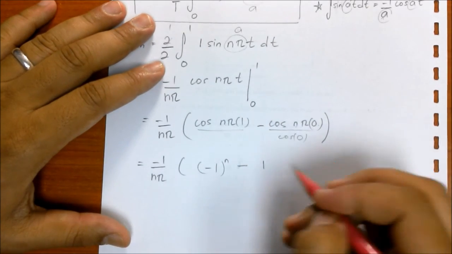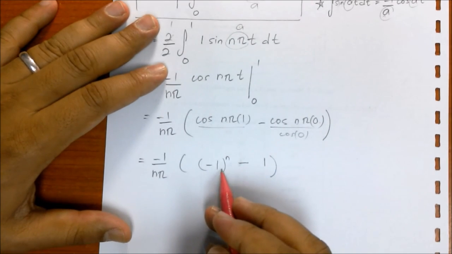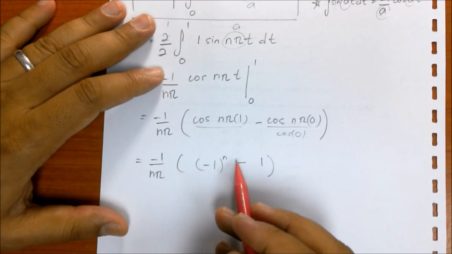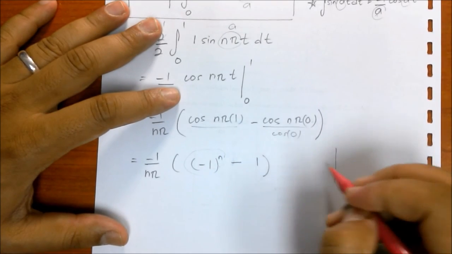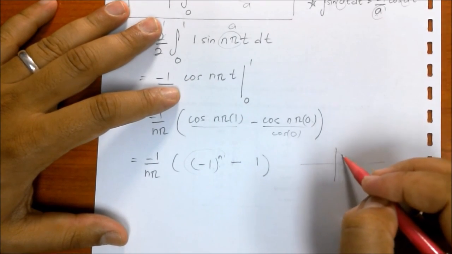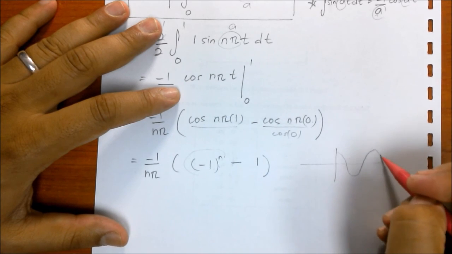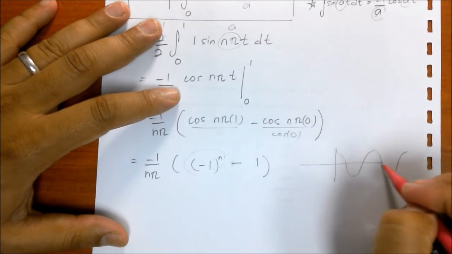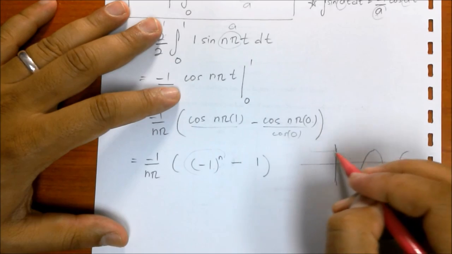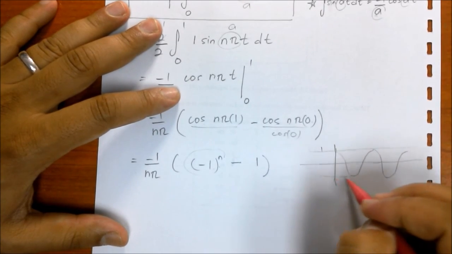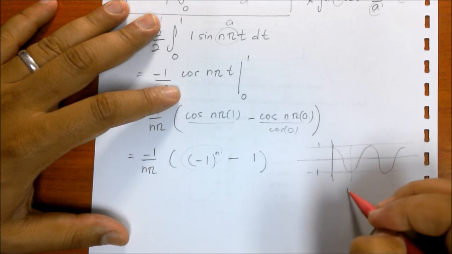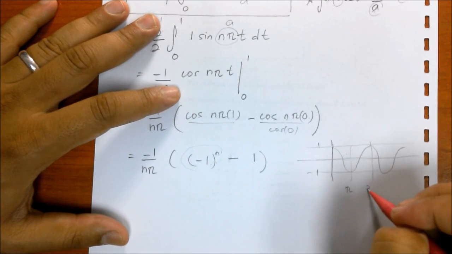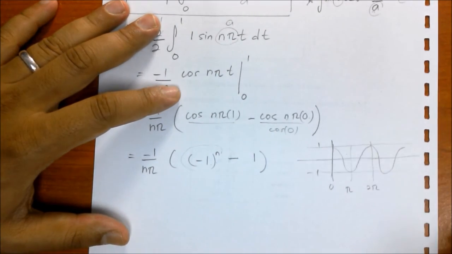Cos 0 will give us 1. Now, how to determine this value? So we have to draw the cos waveform. This is pi, this is 2 pi, this is 0.